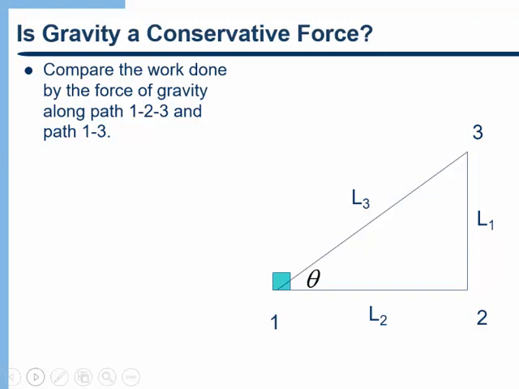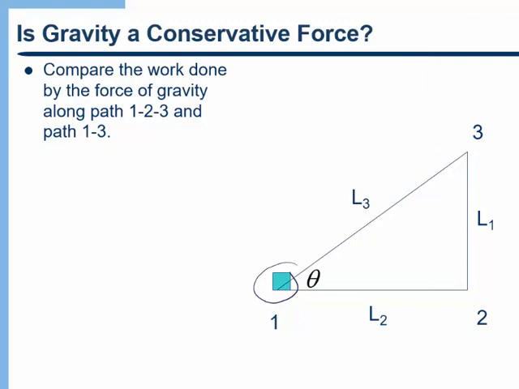Let's look at gravity and see if gravity is a conservative or a non-conservative force. To look at the case of gravity, I'm going to take this block, and by the way, up is the normal up direction.